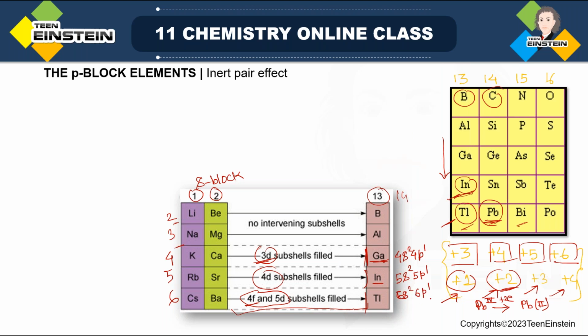Now this single p electron you can easily remove and you can get this +1 oxidation state. But if you want to get +3 oxidation state for TL, then you also have to remove these 2 electrons from 6s and also from 5s. Mainly inert pair effect is observed in 5th period and 6th period.